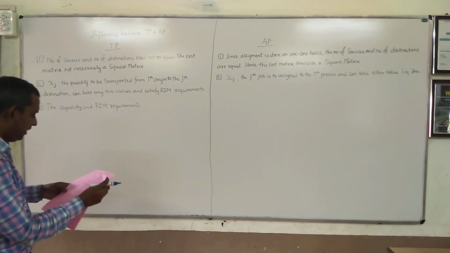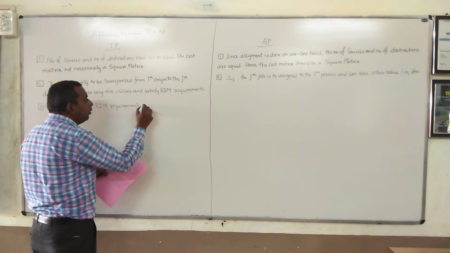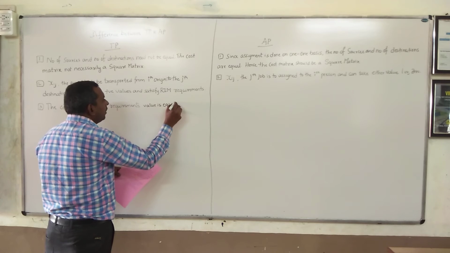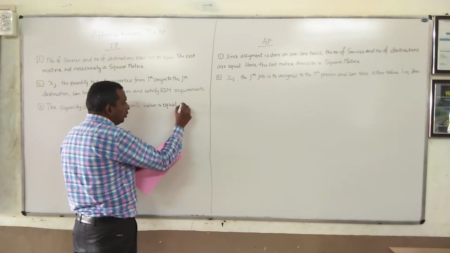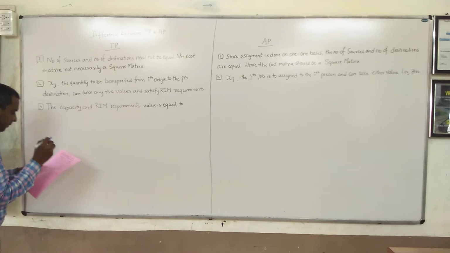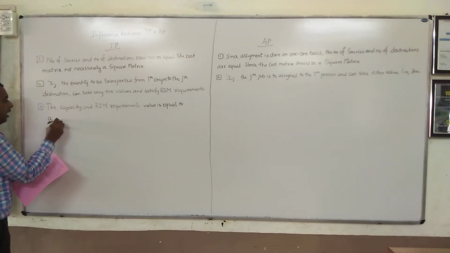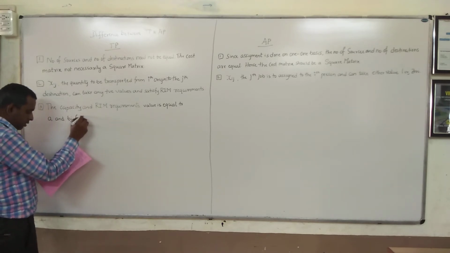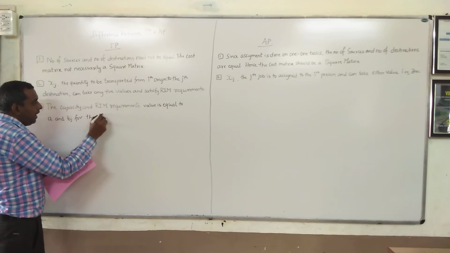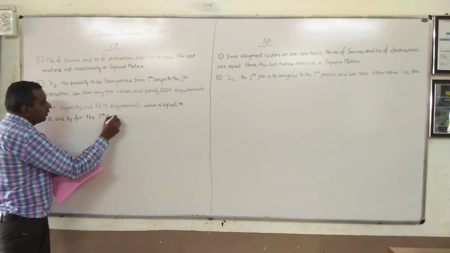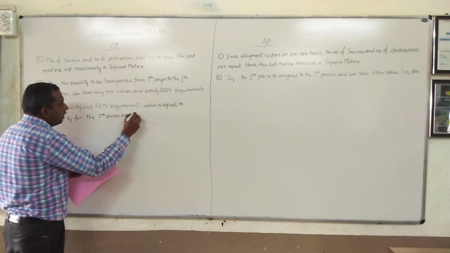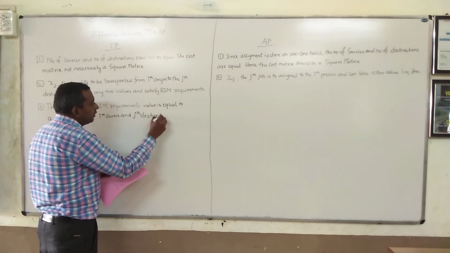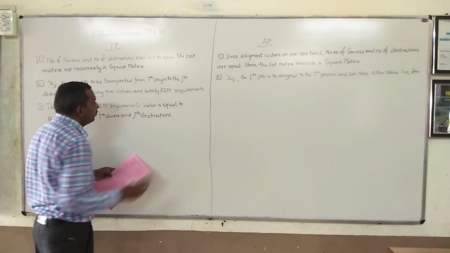The capacity and the rim requirements value is equal to Ai and Bj for the ith source and jth destinations. So what here?